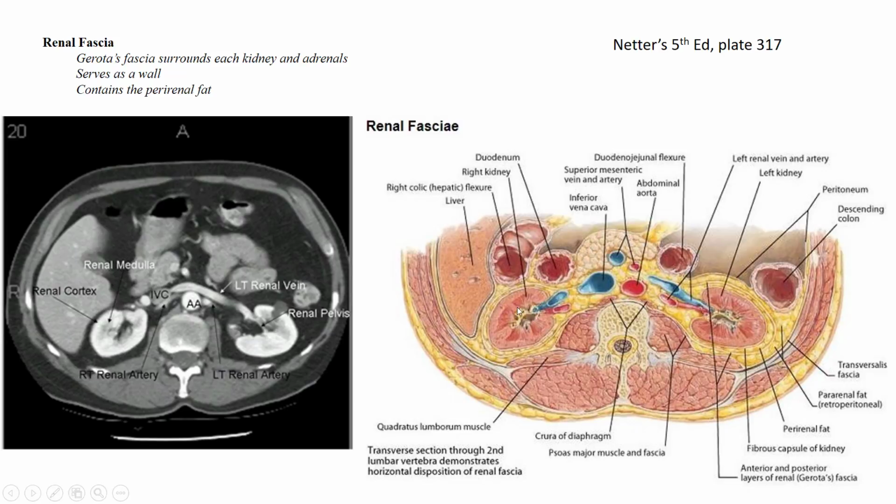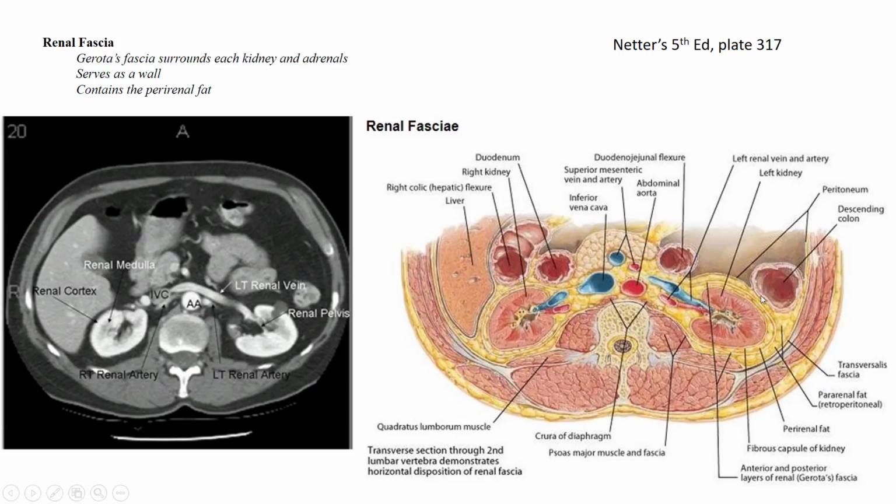And so all of these structures are retroperitoneal, behind the peritoneum, posterior to the peritoneum. So you've got the aorta here, and the IVC, and both kidneys, the pancreas, and the duodenum that are all retroperitoneal.